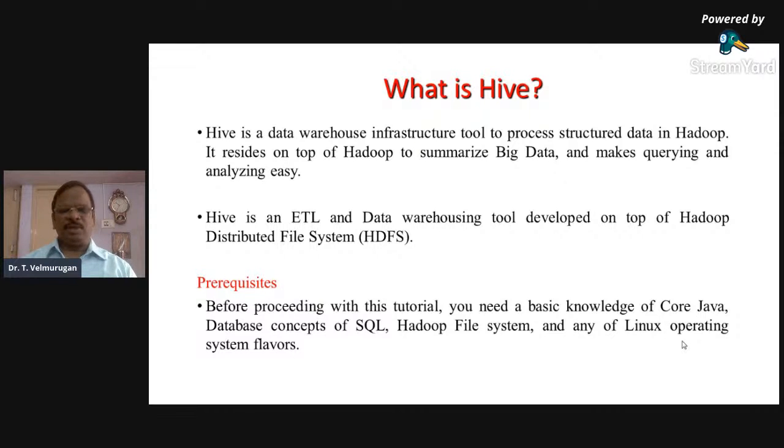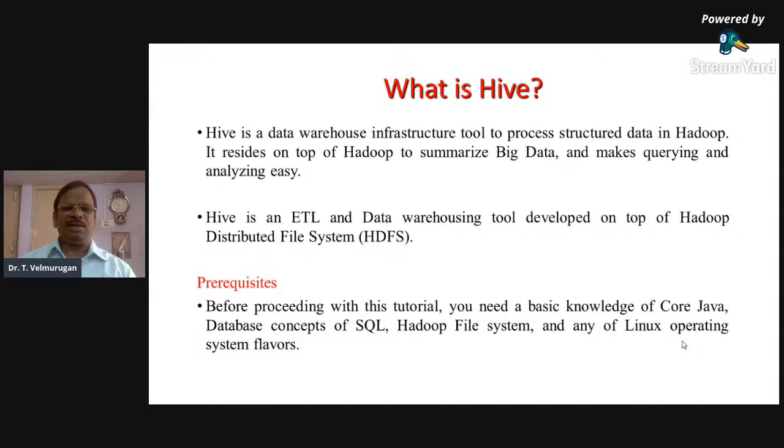The Hadoop software contains a special kind of data warehouse infrastructure called Hive, which is used to summarize big data, to make and process queries, and to manipulate and process the big data using the Hadoop platform.